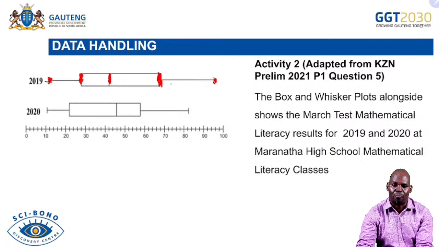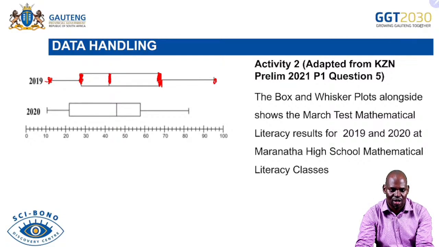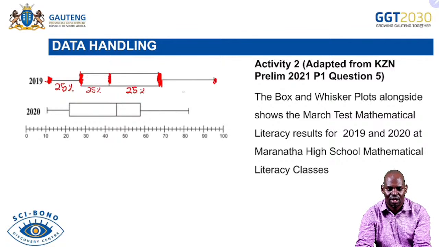But the other thing that you must remember is the box and whisker plot is actually divided into 4 quarters, and in each and every quarter, from minimum to quartile 1 is 25%, from quartile 1 to median, to quartile 2, is 25%, and this one is also 25%, and there we've got 25% as well.